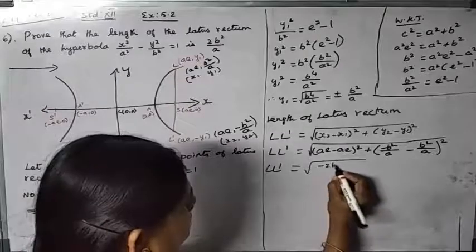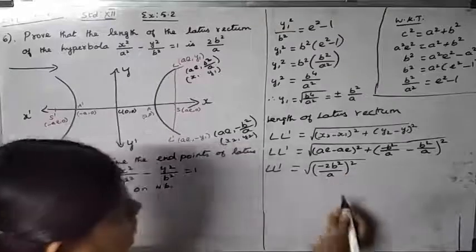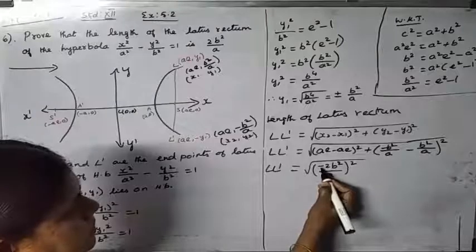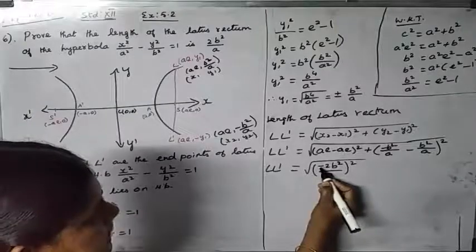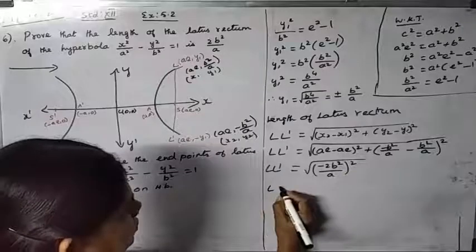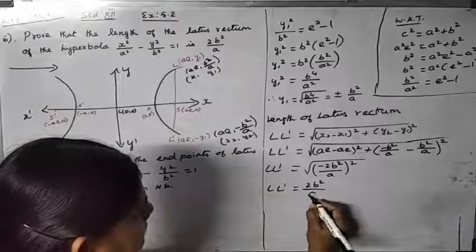So minus 2b square by a, the whole square. So squaring this, minus 2b square becomes positive, since it is negative it becomes positive, and the square root gets cancelled. So L dash is equal to 2b square by a.